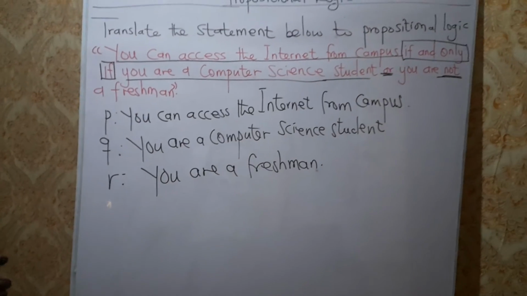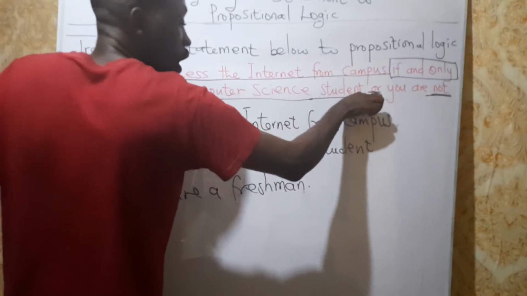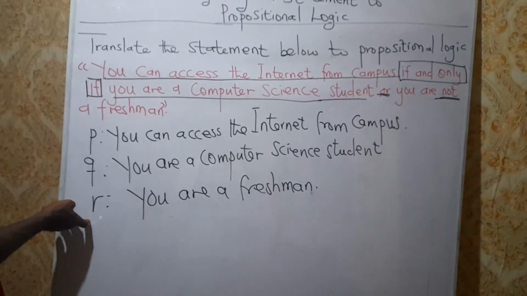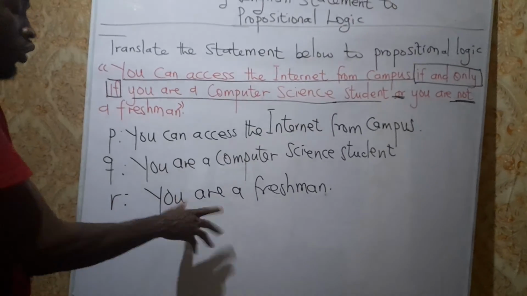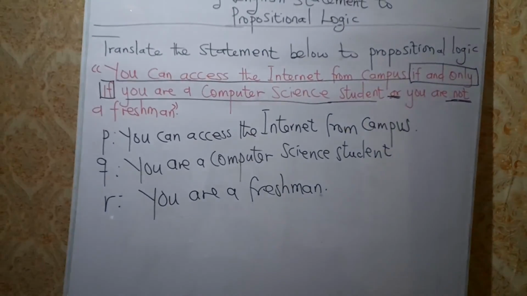So since there is a logical operator combining the Q and the R, we can deal with that. Remember the R will be negated because of the not. That's the negation.